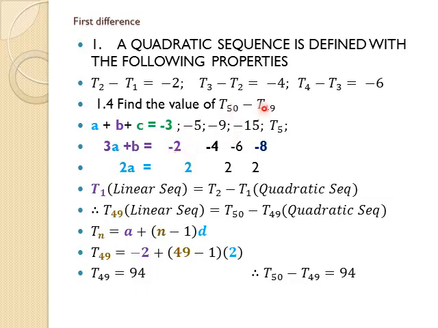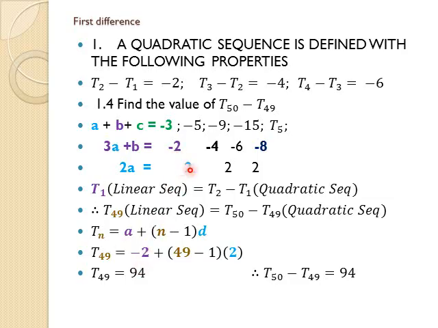So when they want term 50 minus term 49, I need to understand that term 49 of the linear sequence equals term 50 minus term 49. So you see T1, T1, 49, 49. First I need to find the formula for the linear sequence and substitute 49 in. Tn equals a plus (n minus 1) times d. My a value for the linear sequence is minus 2.